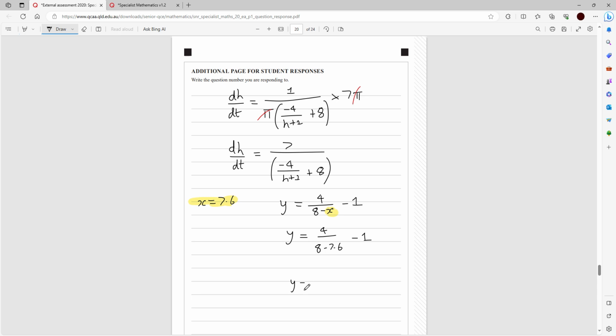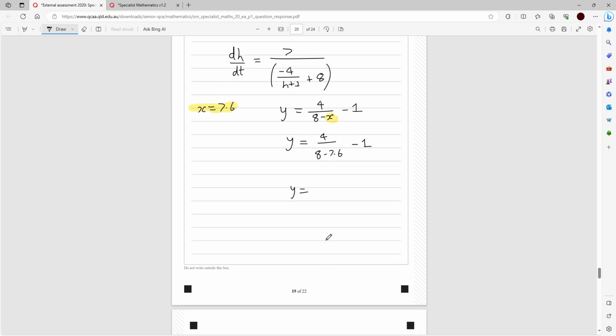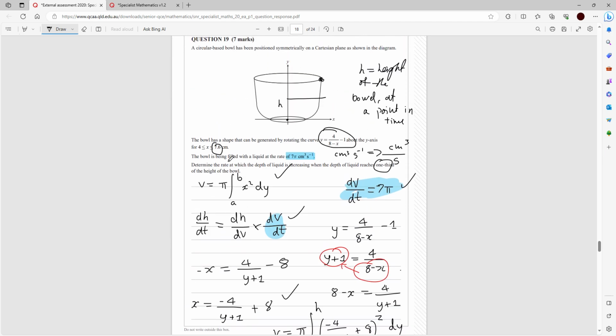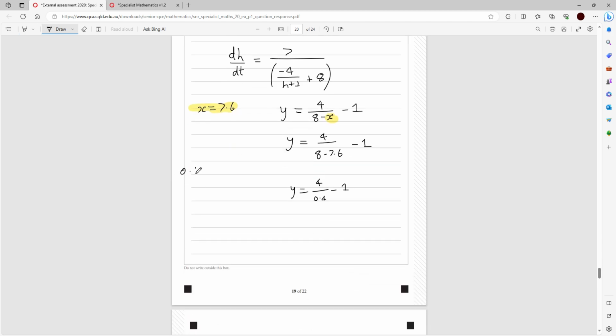So we get y is equal to, is it 7.6? Just double checking. Yep, it is 7.6. So what we're going to get is pretty much 4 over 0.4, minus 1. 0.4 is the same as 2 on 5.